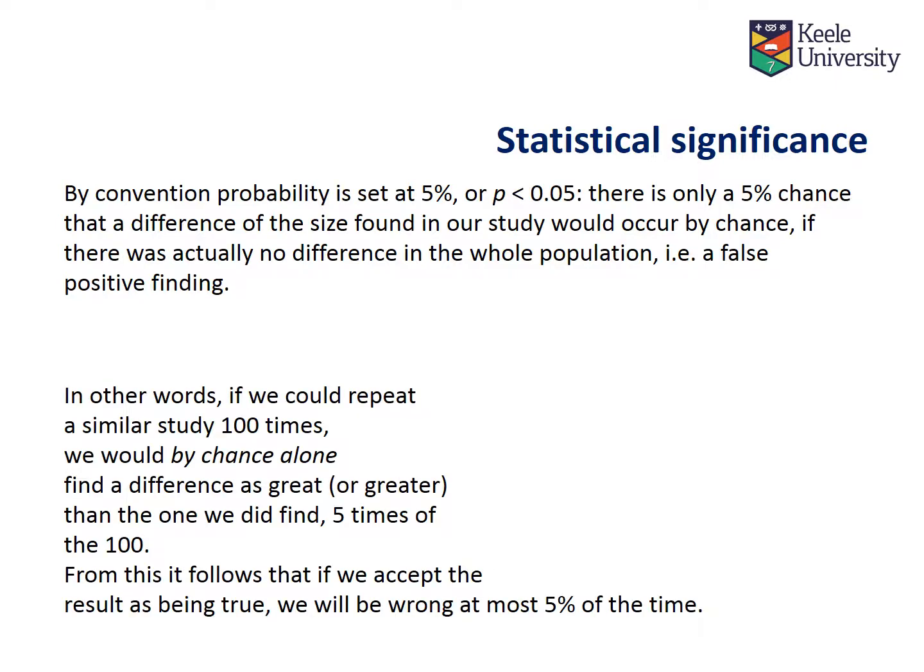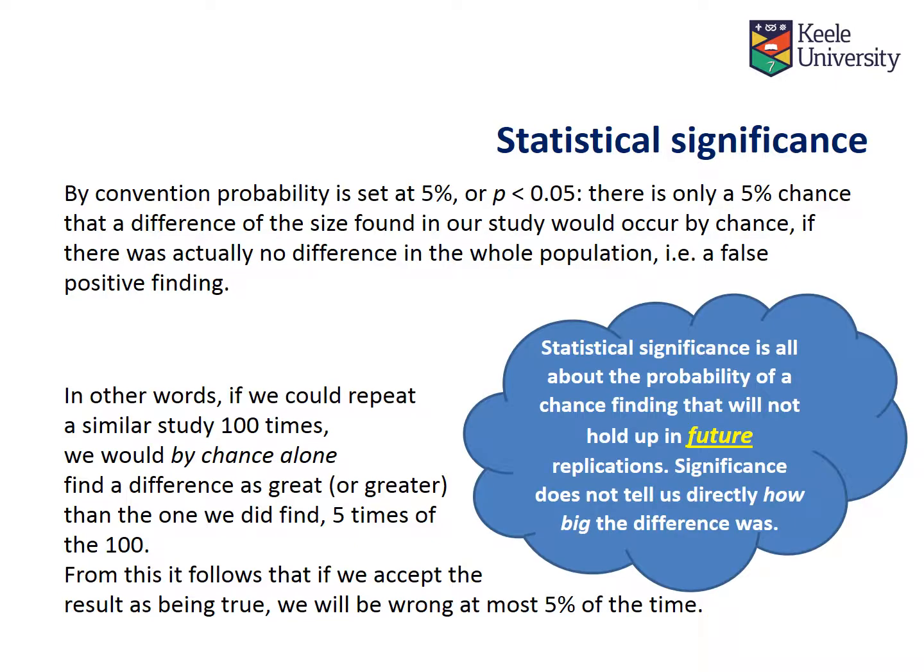Another way of saying it is that if we repeat a similar study 100 times, by chance alone, not by a conduct problem, but by chance, we would find a difference as great or greater than the one we did find 5 times out of the 100. So if we accept the result as being true, we will be wrong at most 5% of the time, but we are right in 95% or more. And usually it says "or more" because the p is less than 0.05.